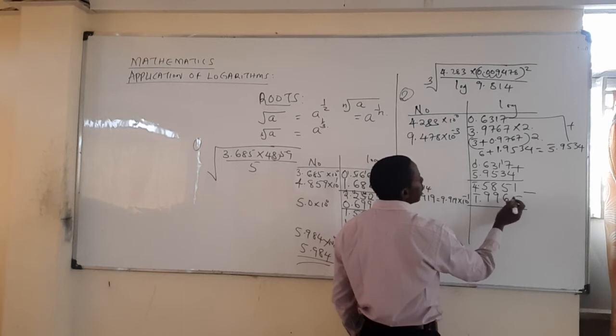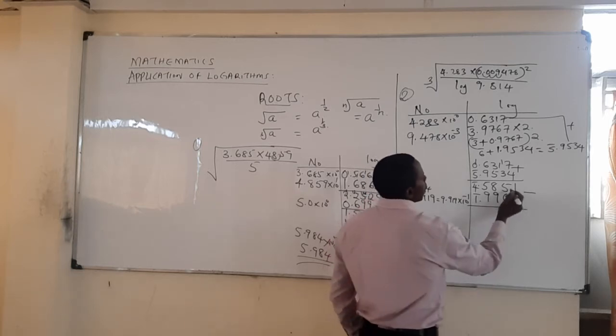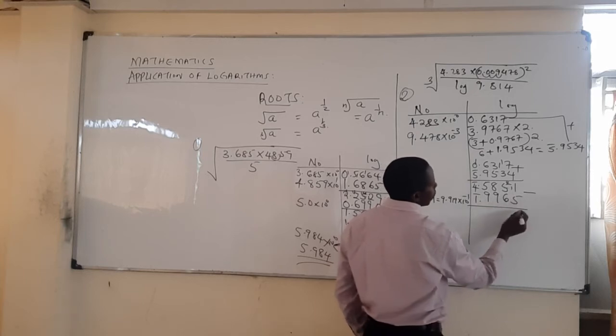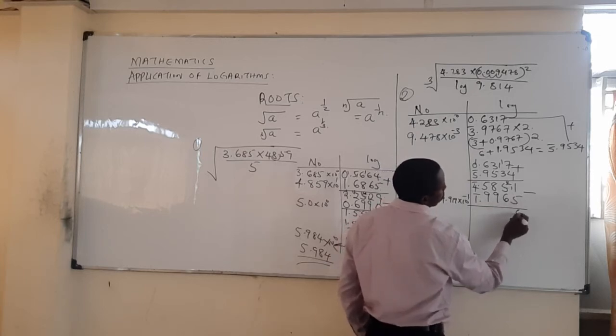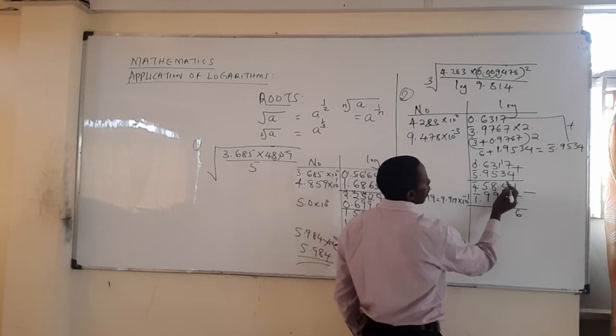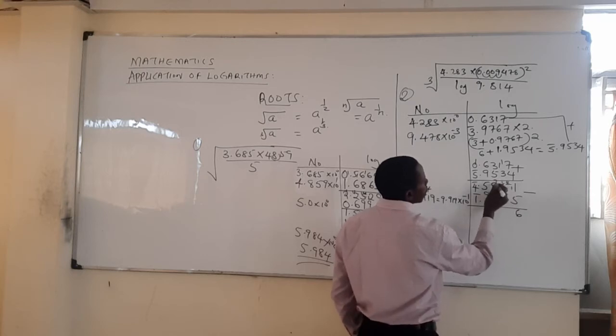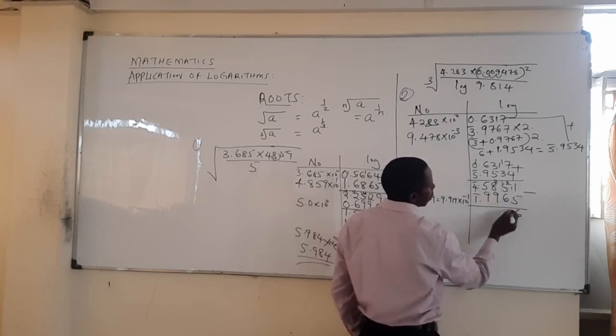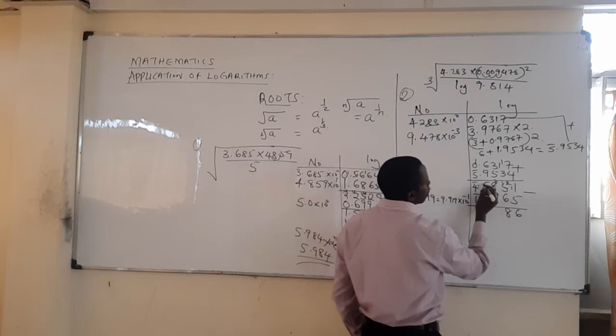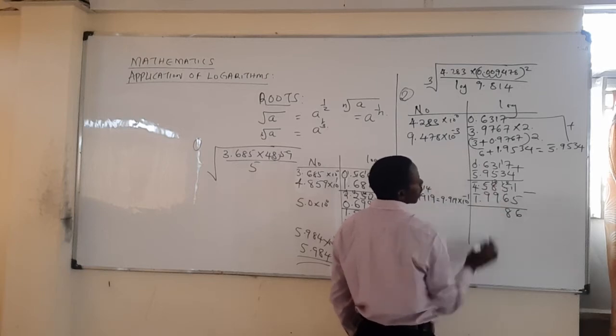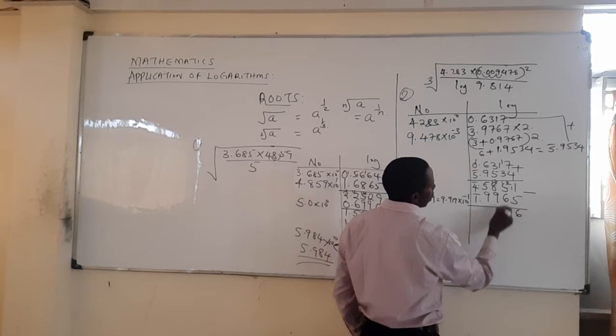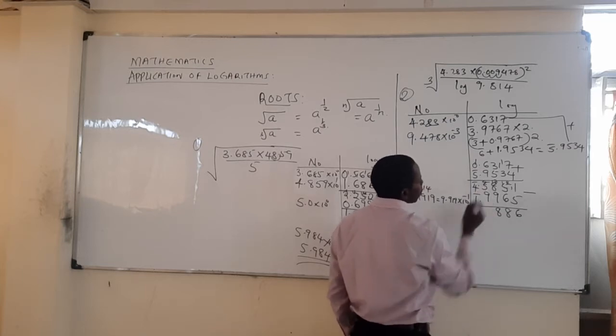So now we borrow 1 from 5, 11 minus 5, we get 6. Then we have 4 there, we borrow 1, 14 minus 6, get 8. This is 7, we borrow 1, get 17 minus 9, we get 8 again. This is 4.